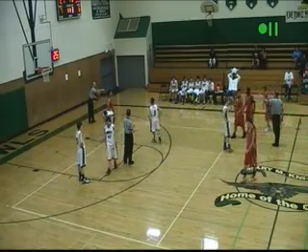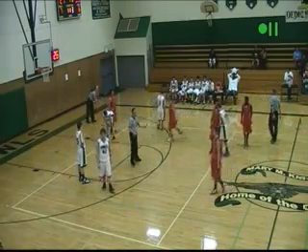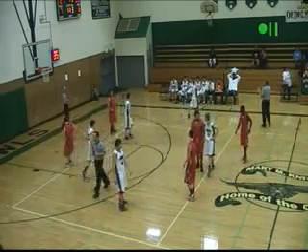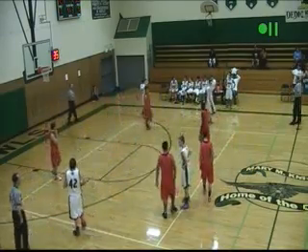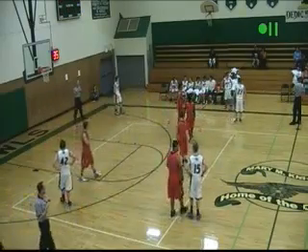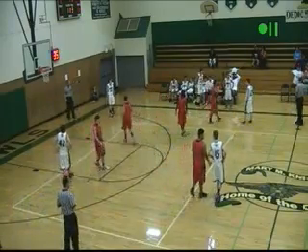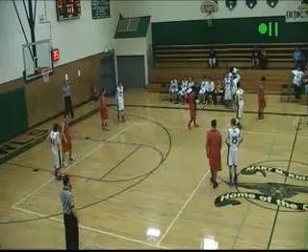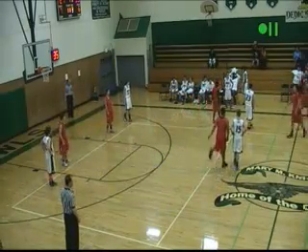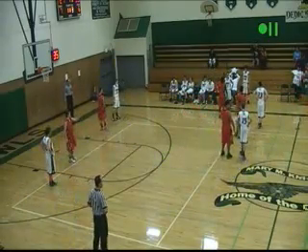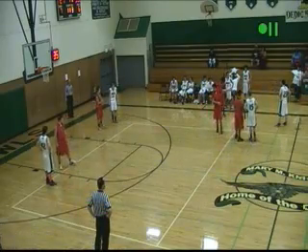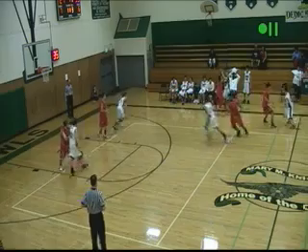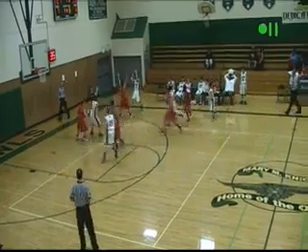And a couple of substitutions for the Acorns as number 14, Alex Yaukton, is on the court for the first time tonight, along with Bray, Lorton, 44. Do I have a 44 on my list? I do not have a 44 on my list. So a new face out there for Oakville.